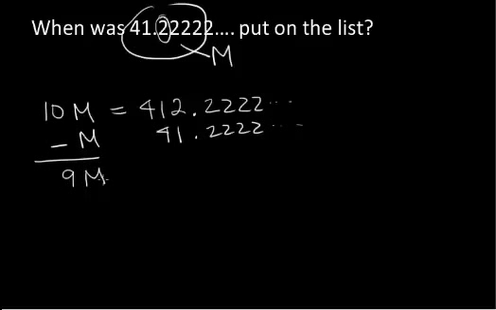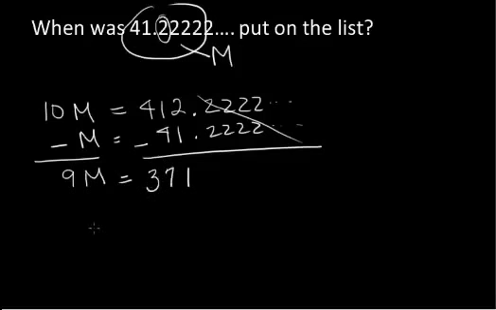Subtracting, I get 9M is equal to, of course, all of the repeating part goes. That's why the technique works. 1 from 2 is 1, and 371. So M is equal to 371 over 9.